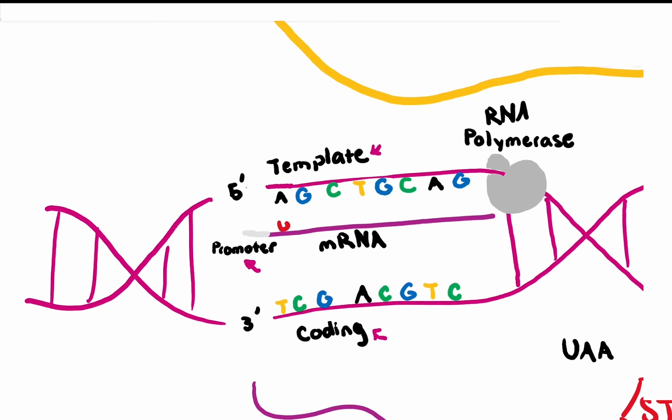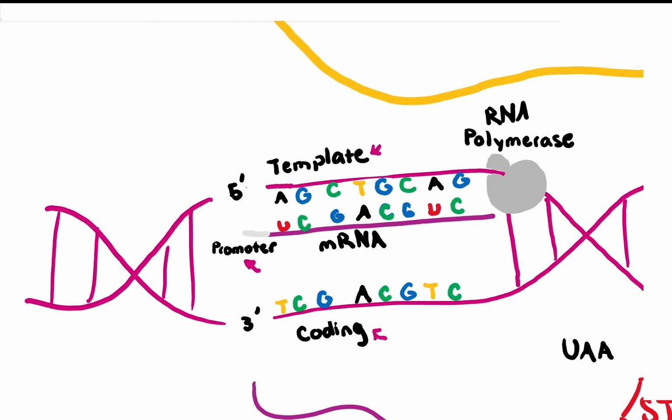Uracil and adenosine are pairs when you come to mRNA or RNA in general, while in DNA, adenosine and thymine are pairs. So adenosine matches with uracil. So this is our RNA strand: uracil, cytosine, guanine, adenosine, cytosine, guanine, uracil, cytosine.